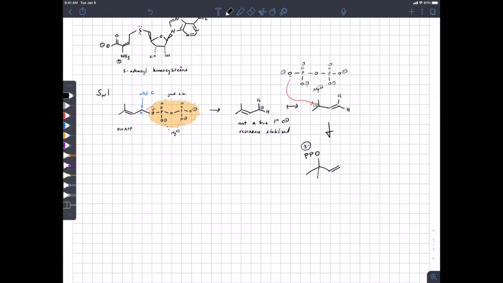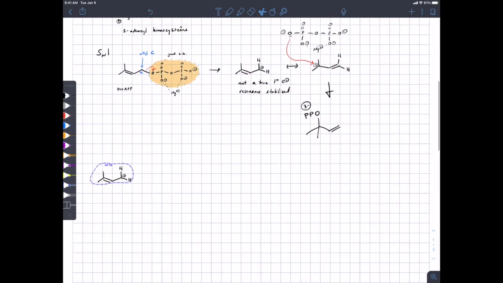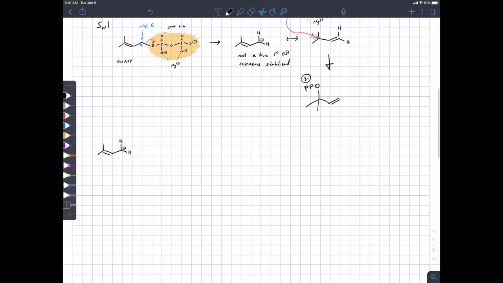Now, that's kind of a boring version of Sn1. Yay, the leaving group hopped off and then went back on. But we can actually use this intermediate to make carbon-carbon bonds. So hang in there, because what I'm about to show you now will probably not make a huge amount of sense until chapter 10.